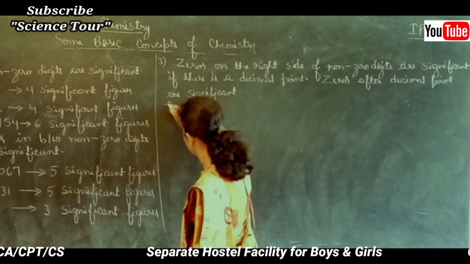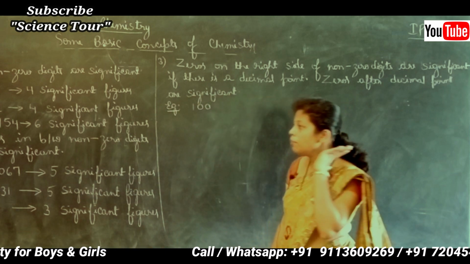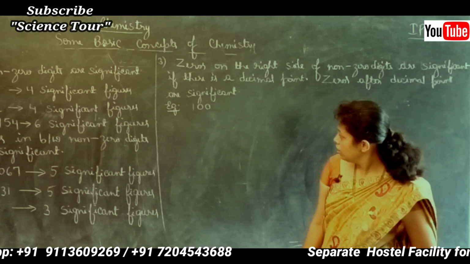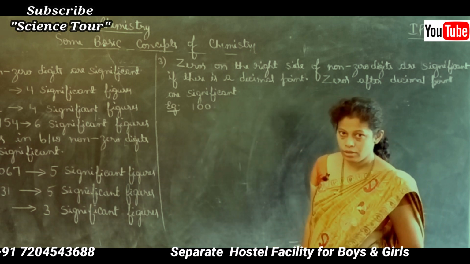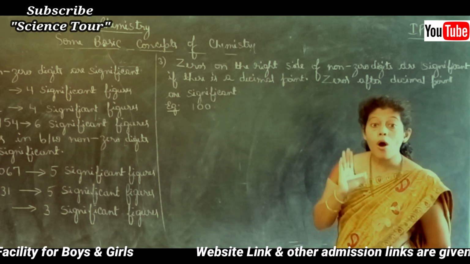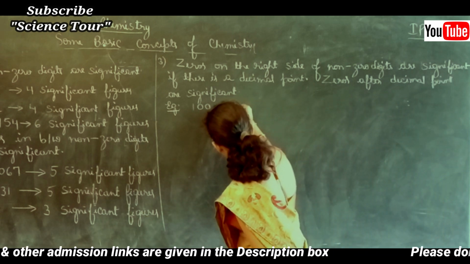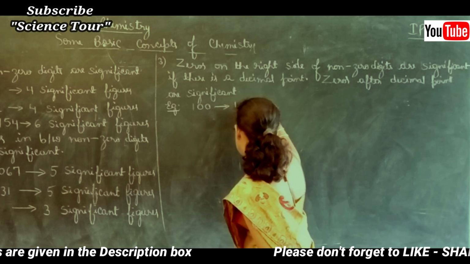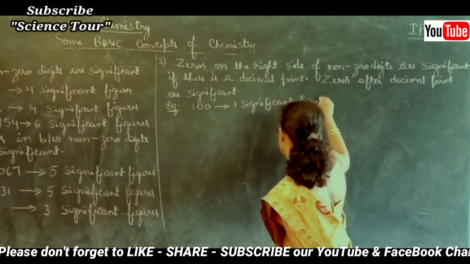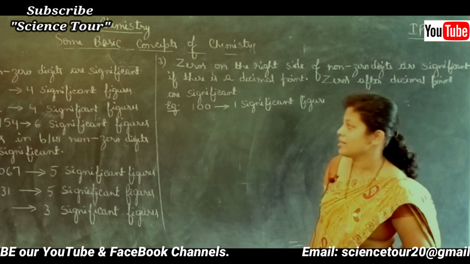Let's have an example. I have a number 100. Here there is no decimal point. So if there is no decimal point, zeros on the right side are not significant. So this number has only one significant figure. Why? Because there is no decimal point. If there is a decimal point, then only zeros on the right are significant.